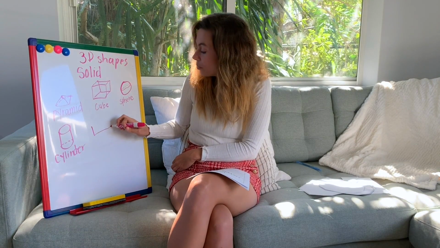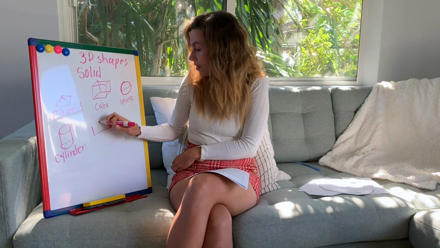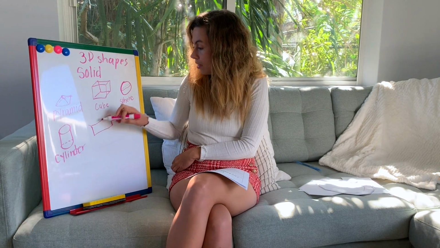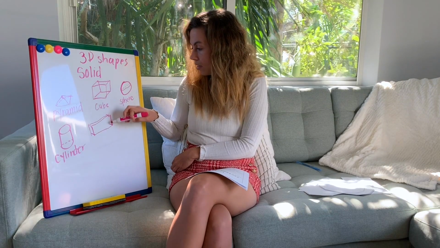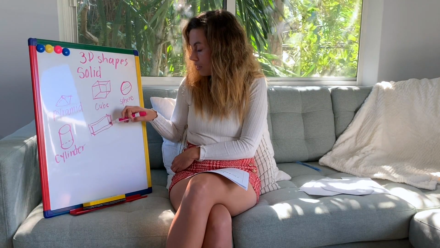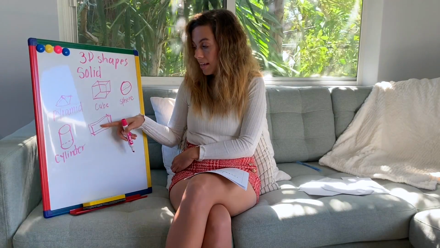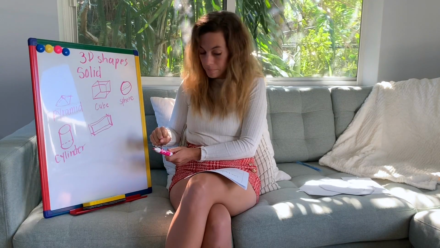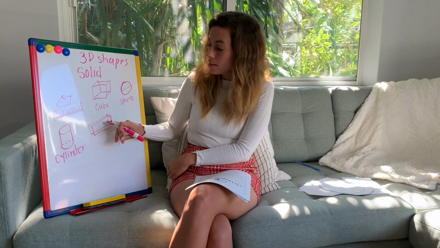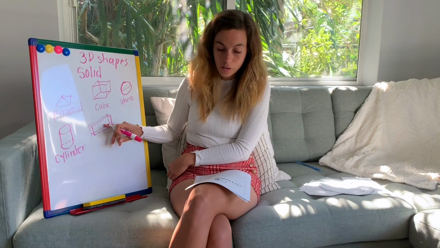Right, the next shape we're going to talk about is very similar to a cube, but it has rectangles on the side. So this shape is a rectangular prism.